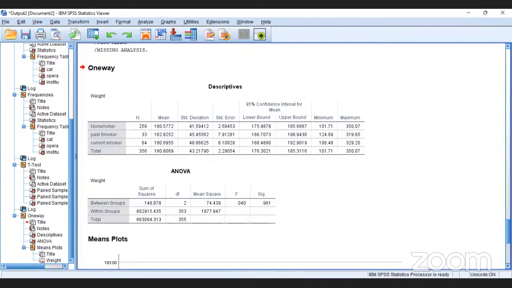Which variable did you take? I've put one under dependent list. Which one did I put? The weight, because that's a dependent variable. Then I put my independent variable, that the factor list. So the okay should come.